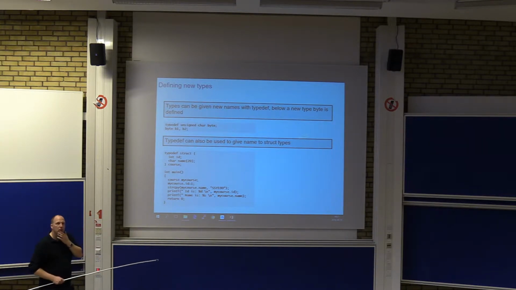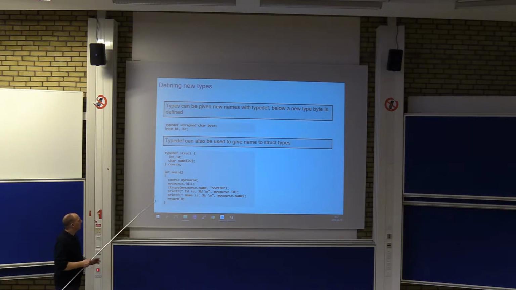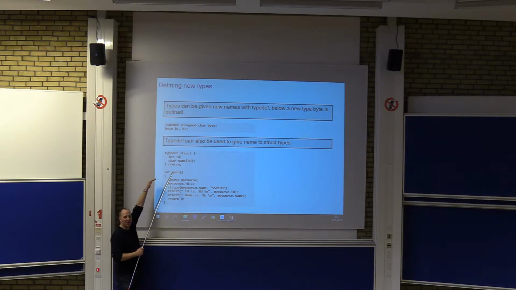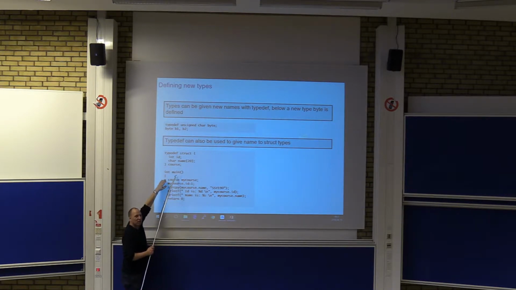Question. Yes? When you began here, you said when you declared your course, you said it was put on the stack, but you're in the main, didn't it end up on its own location? No. The main is the first method, right? So when the system starts to execute, the stack is empty.